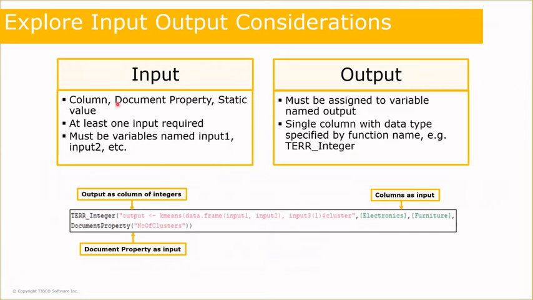Okay, the input values could be column values, document properties, or static values, and at least one input is required, and all the input variables inside the script are referred to as input 1, input 2, input 3, etc., like that. Okay, and then the output value must be assigned to a variable named output, like this. So this is the script section, the input values, the columns as inputs, and the document properties as inputs.